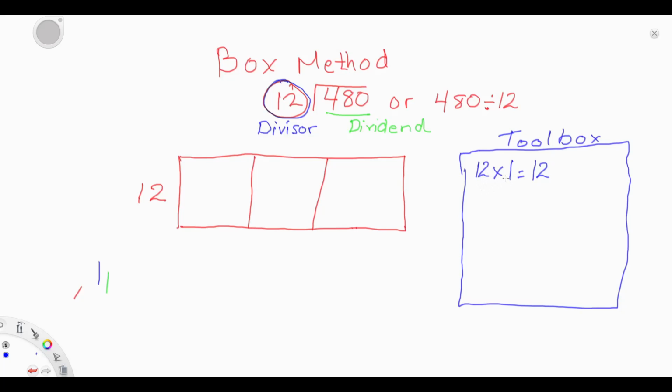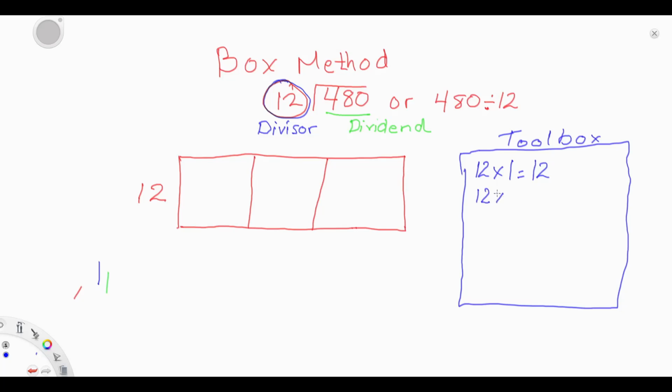And keep in mind, when you have two numbers that you're multiplying, these two numbers are called factors. You multiply factors to come up with an answer, which is also called the product in multiplication. Now, as you can see, the factor 12 will remain the same throughout my toolbox.